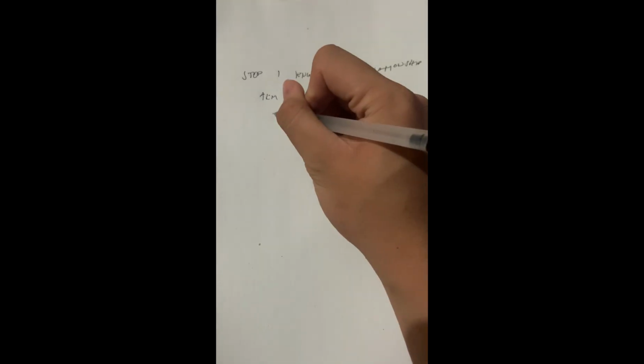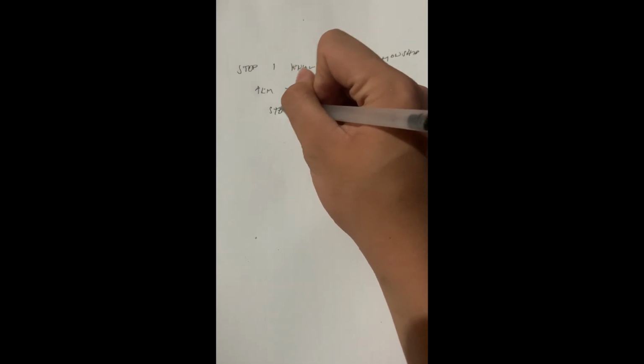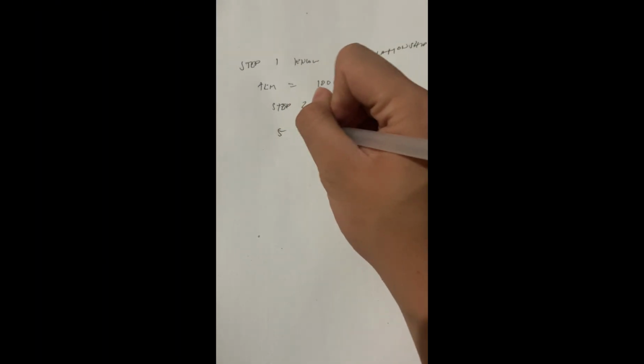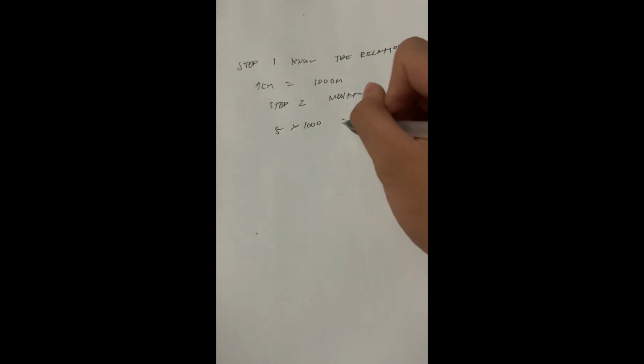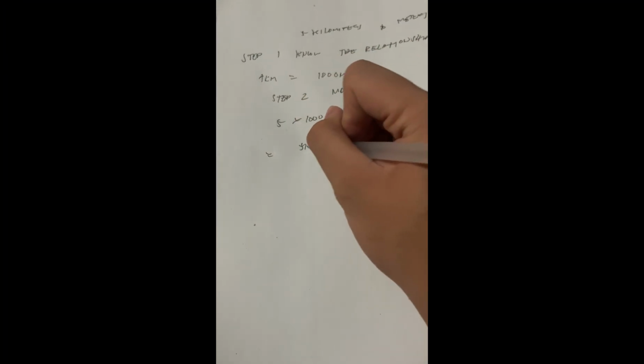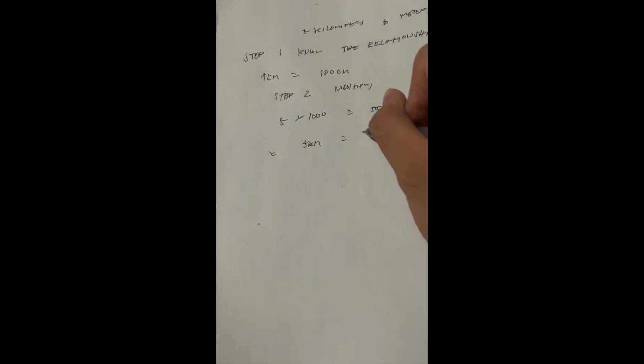Step 2, multiply. 5 times 1,000 equals 5,000. So the final answer is 5 km equals 5,000 meters.